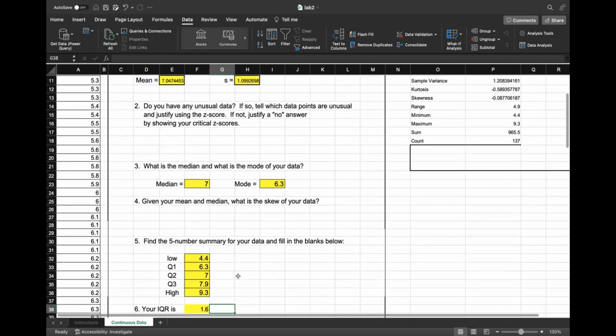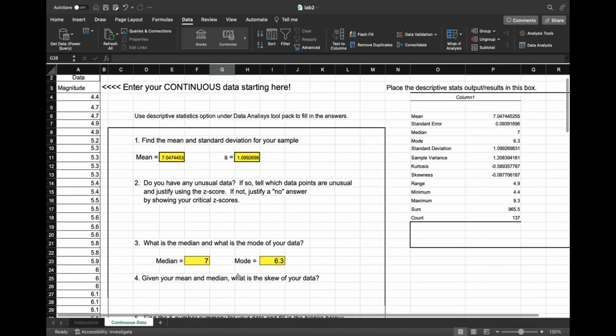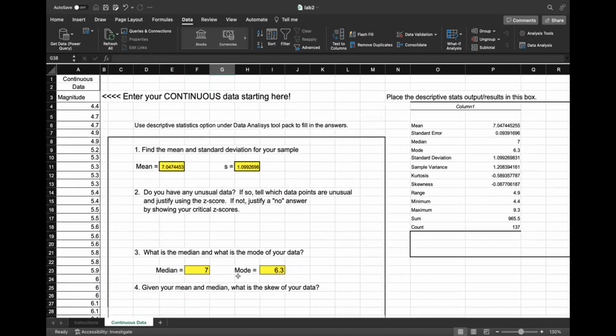Okay, finally, Z-scores. I am actually not going to require you to use Excel to calculate your Z-scores, but if you want to, go for it. What it's asking is, do you have any unusual data? We want to use Z-scores, so we're using the mean and the standard deviation.